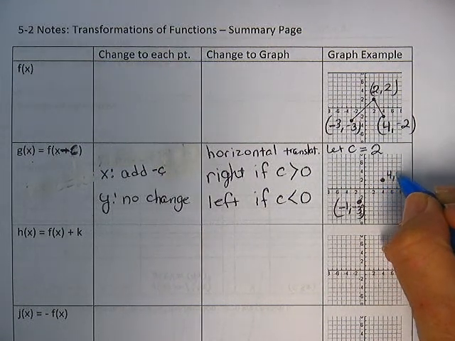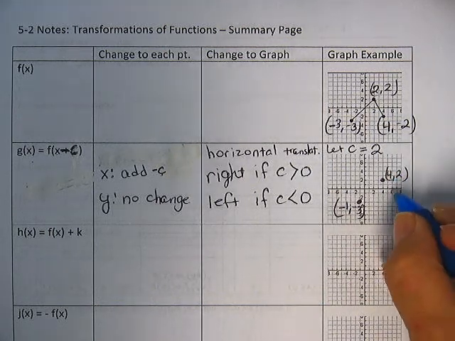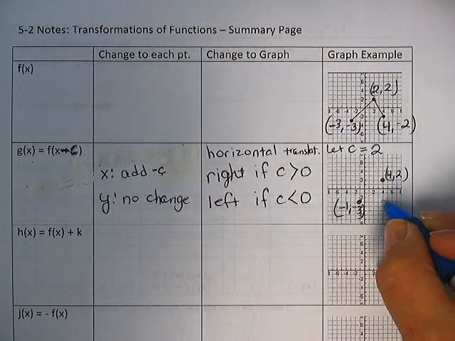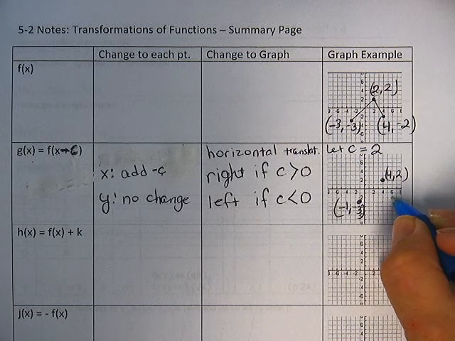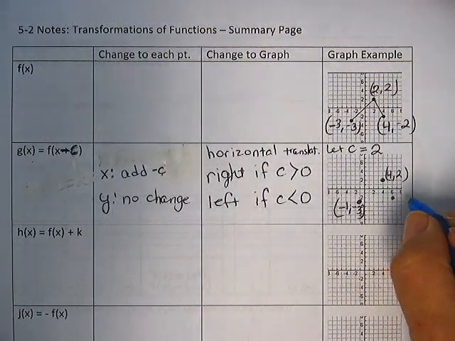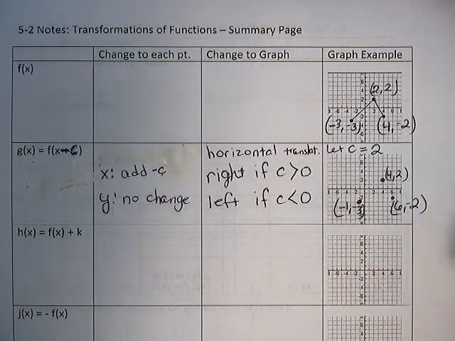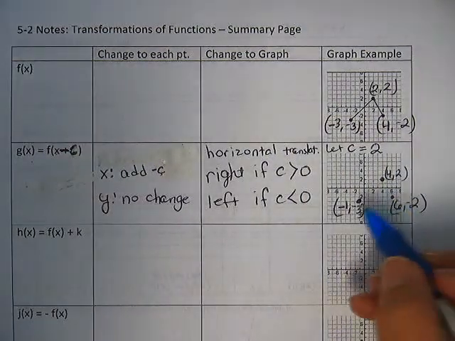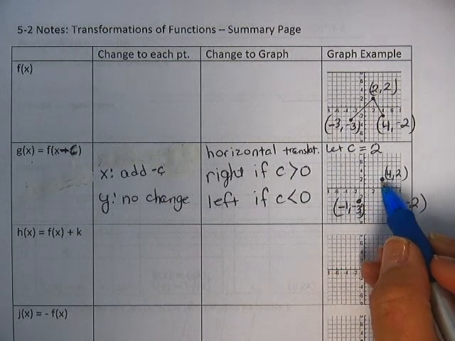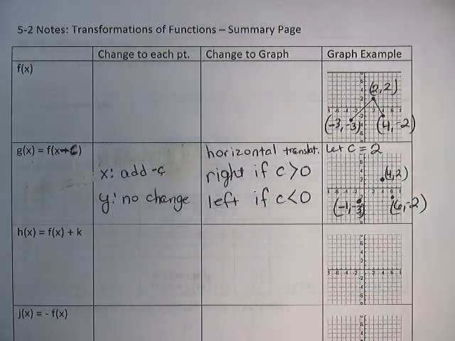It is now at (4, 2). And the point that had been at (4, -2) moves over 2 units to the right. So it is now at (6, -2). And again, the key here is our x values, we add the 2. The y value stayed exactly the same.